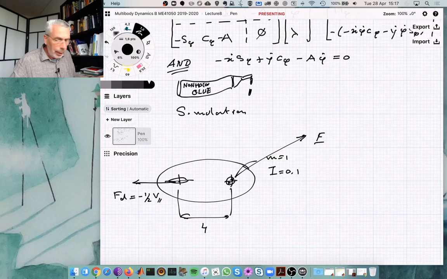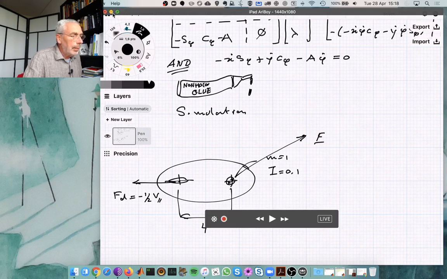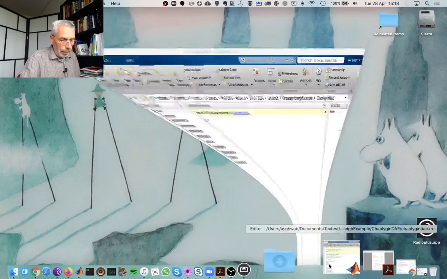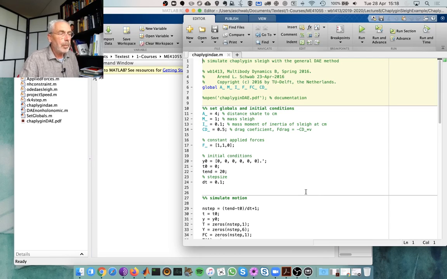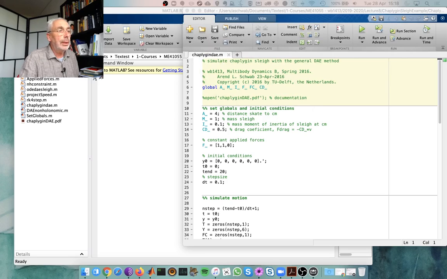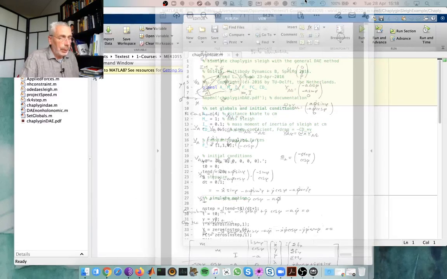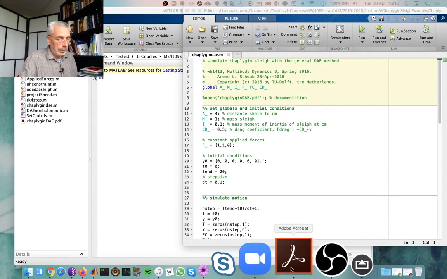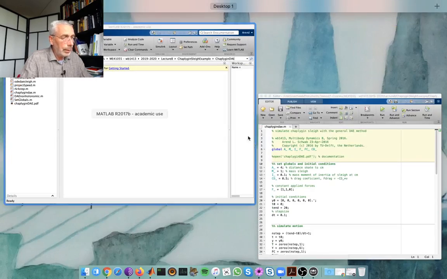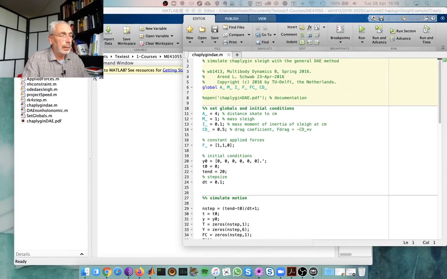Okay, I have implemented the thing. We can get rid of this now. I don't kill it, I make it small. I go to MATLAB. Apparently there is also a PDF file with a derivation.